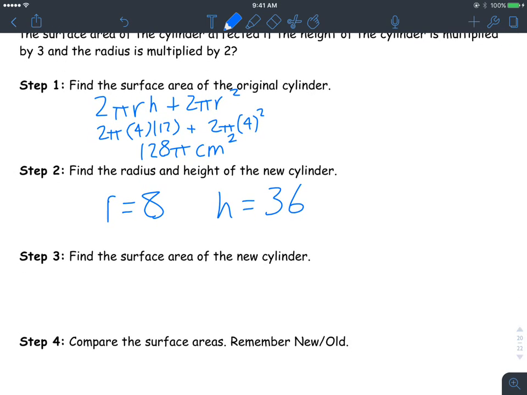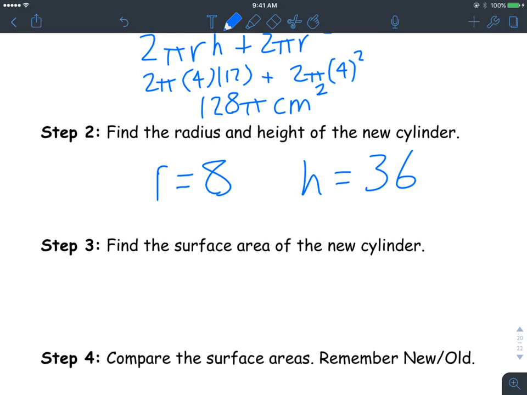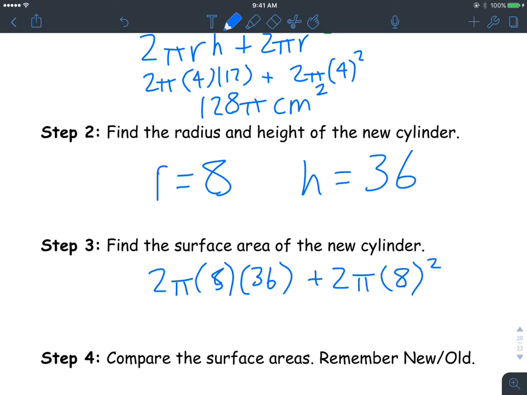And then we'll find the surface area using the same formula. So we're going to go 2 pi, the new radius, which is 8, times 36. And then we're going to add on 2 pi and then 8 squared. Alright, and then when you simplify it, you get down to 704 pi centimeters squared right there.